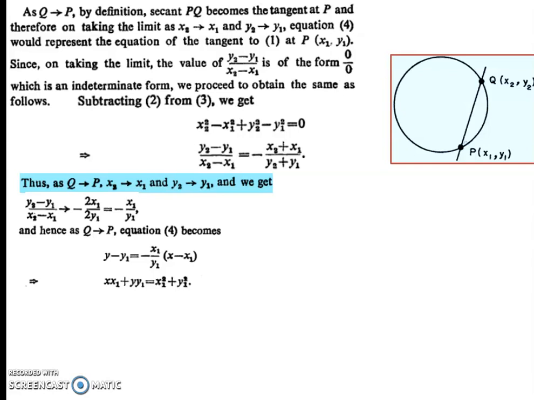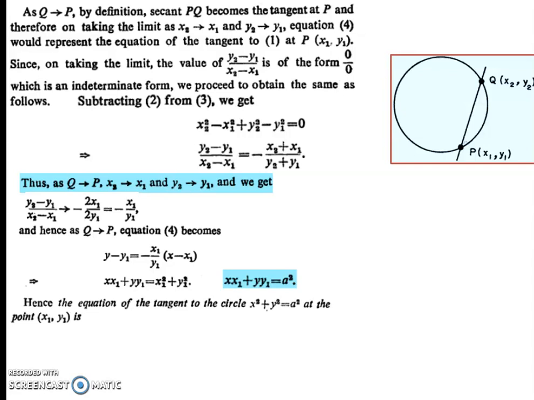And on simplification, multiplying y1 to the left side, we get xx1 plus yy1 is equal to x1 square plus y1 square. But x1 square plus y1 square is equal to a square. So it becomes xx1 plus yy1 is equal to a square. So student, this is our equation of tangent.